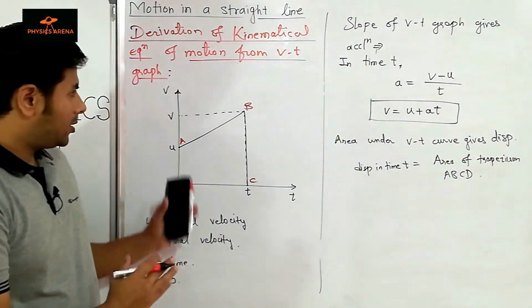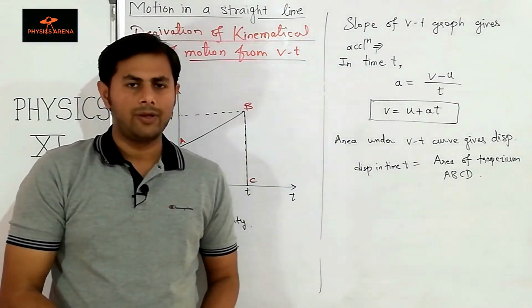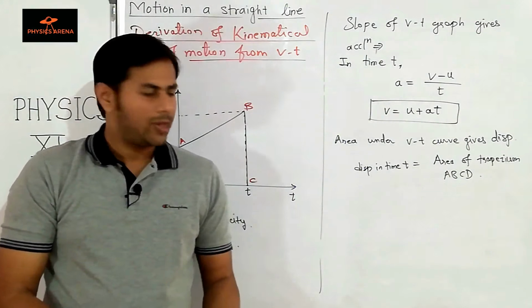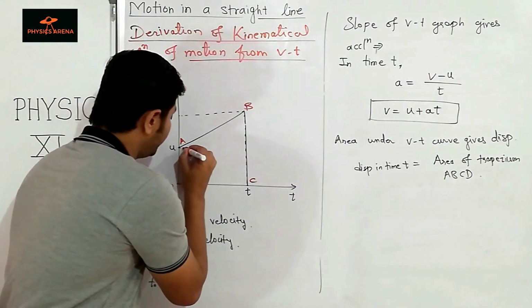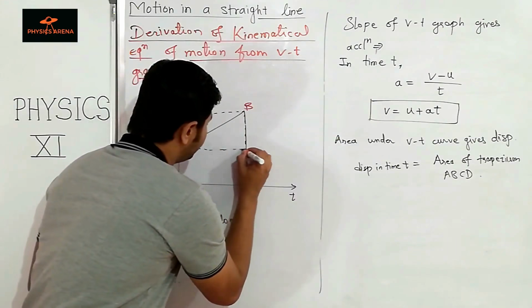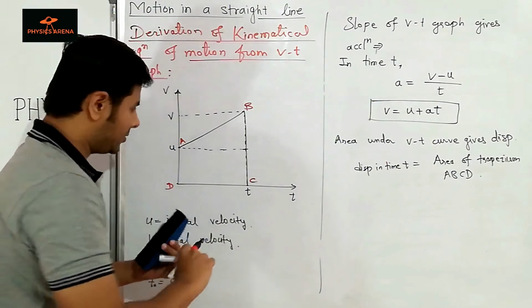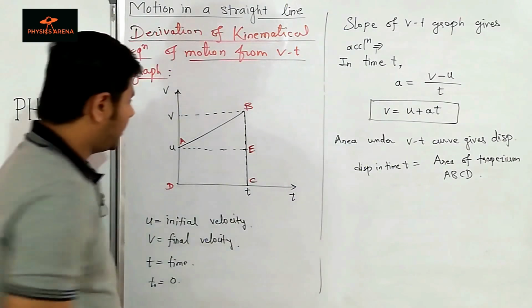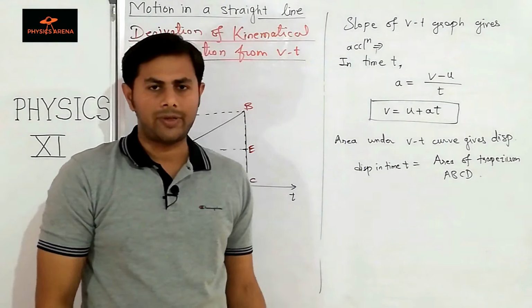Now we need to know the formula for the area of the trapezium. Even if you don't know the formula, there is another trick. You can just break this trapezium into two parts like this. Then you can find the area of this rectangle, and add the area of this triangle to it to find the area of the trapezium.